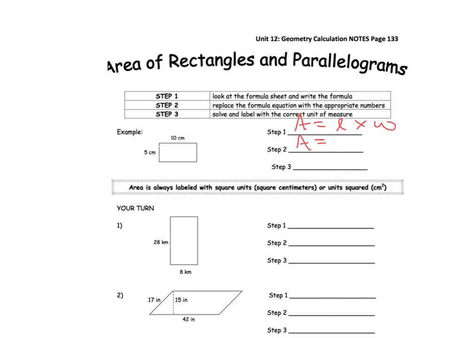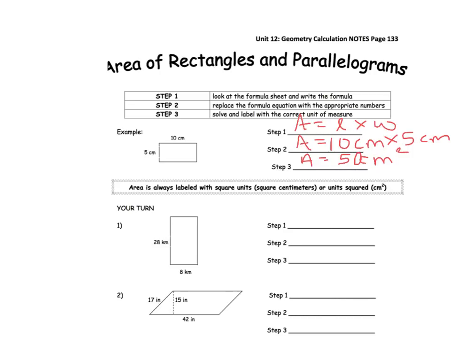A equals 10 centimeters times 5 centimeters. Step 3, solve the equation. A equals 50 centimeters squared.